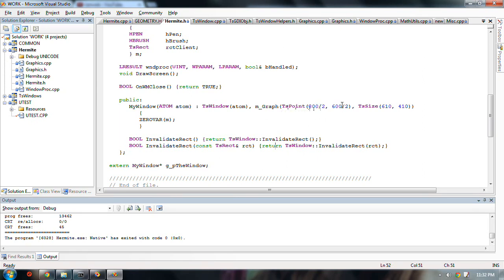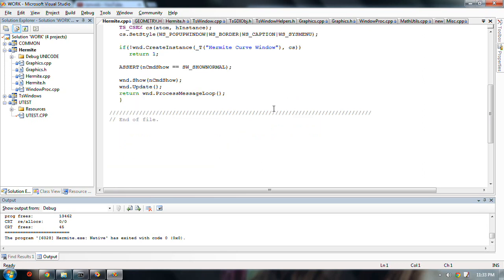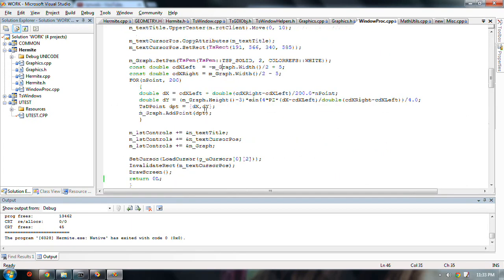This is the origin of the graph, and this is the width and height. So that means it's centered with positive and negative, which isn't so great, but it can all be fixed up later. Just wanted to see something go. But that's perfectly fine for this sine function.